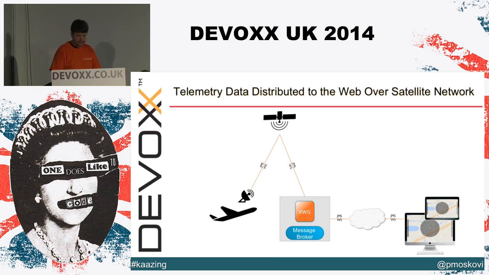Through the satellite connection, the airplane can publish all of its telemetry data, and it lands somewhere on the globe. There is a message broker sitting somewhere in the architecture, and it allows us to take all these messages that came in through the satellite connection and publish it out to any subscriber. In this case, it could be a native application or a browser-based application.